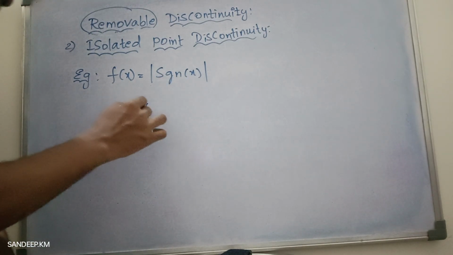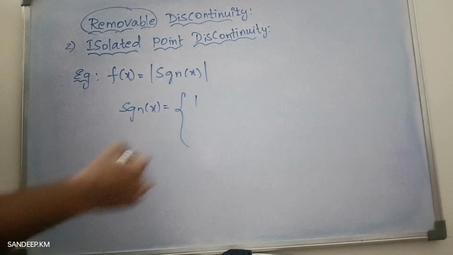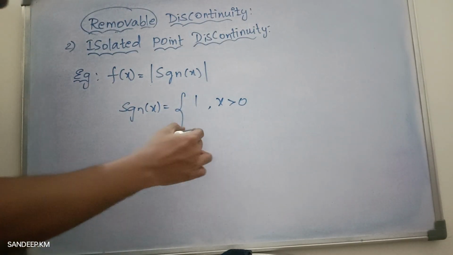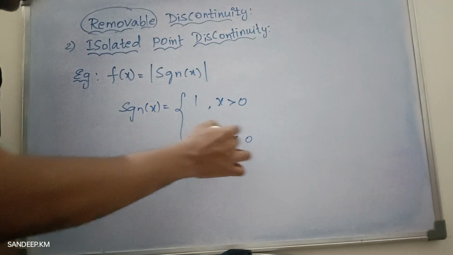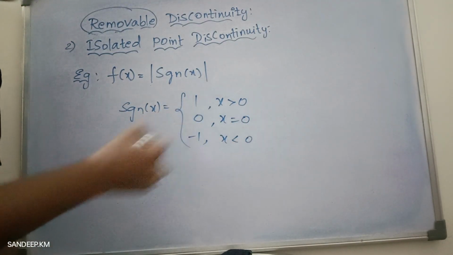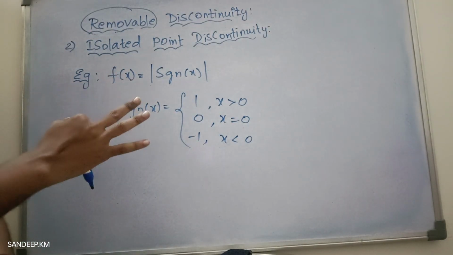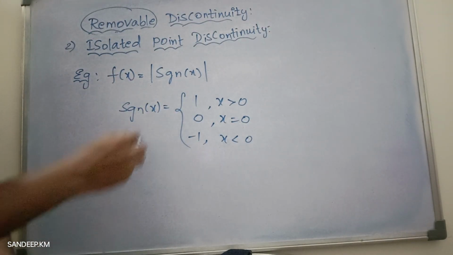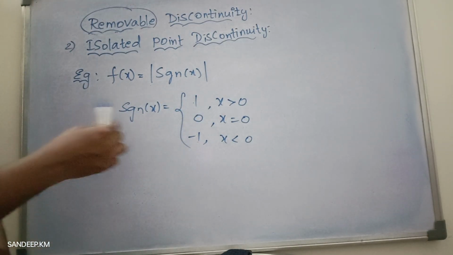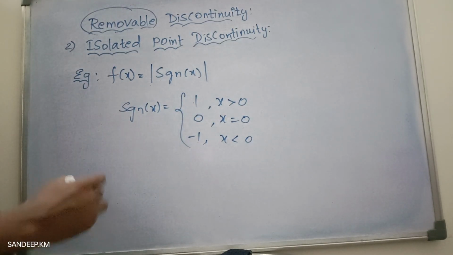So signum of x is equal to plus 1 if input is positive, and it is minus 1 if input is negative, and signum of x is equal to 0 if input is 0. So there are only 3 possible outputs for signum function. Either the output will be plus 1 or minus 1, or it will be 0. But we are talking about modulus of signum of x, correct or not?